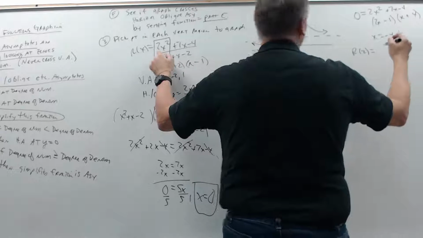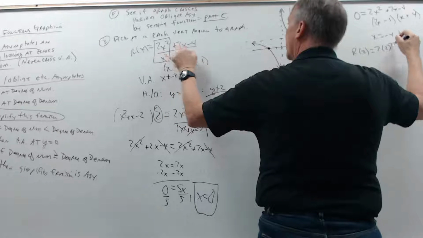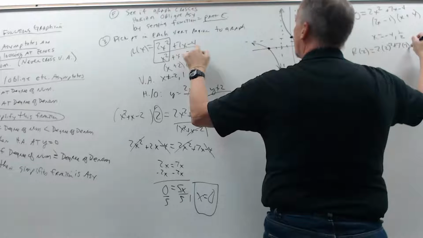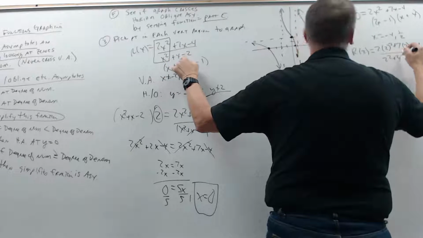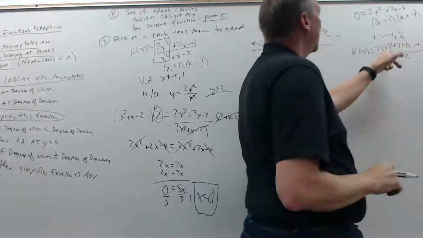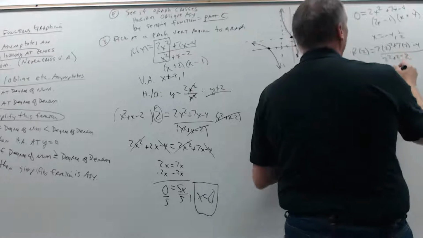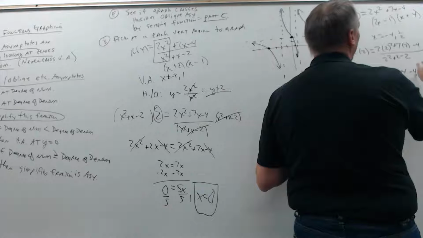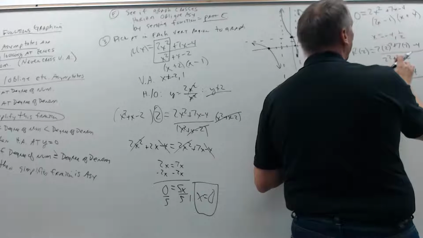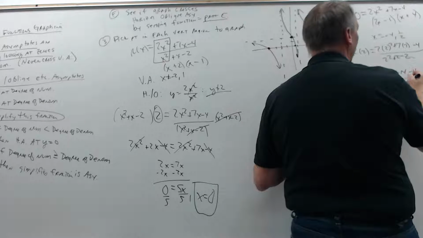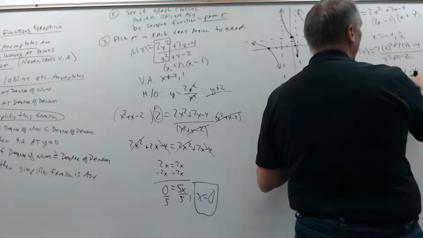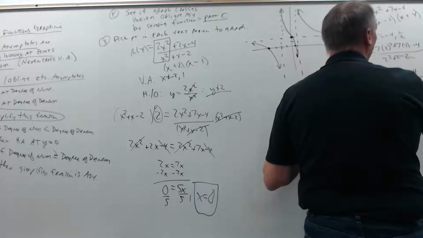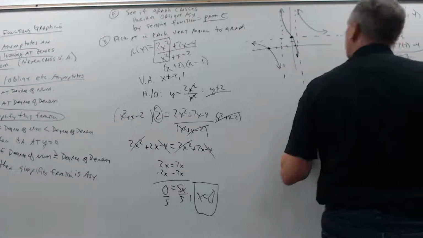So just plug it in: 2 times 2 squared plus 7 times 2 minus 4 over 2 squared plus 2 minus 2. 2 squared is 4 times 2 is 8 plus 14 minus 4 over 4 plus 2 minus 2, those go away, 4, right? 22 minus 4 is 18 over 4, which is 4.5.